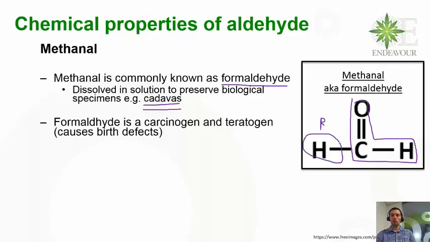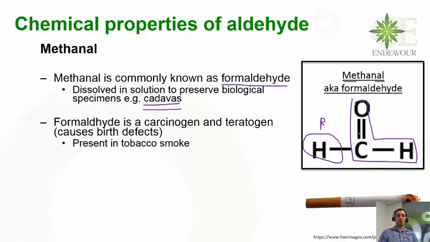That means it's only got the one carbon, hence meth, and the al tells us it's an aldehyde. Interestingly, this methanal, aka formaldehyde, is actually present in tobacco smoke. So as people who smoke know, they're putting a carcinogen, or one of many carcinogens, into their body, but also a teratogen.